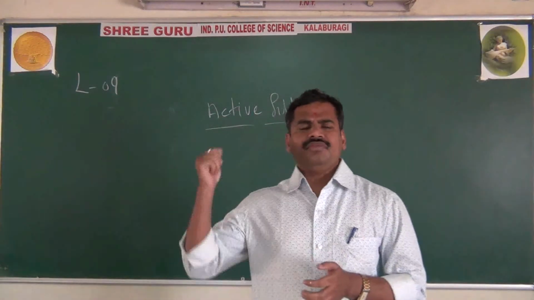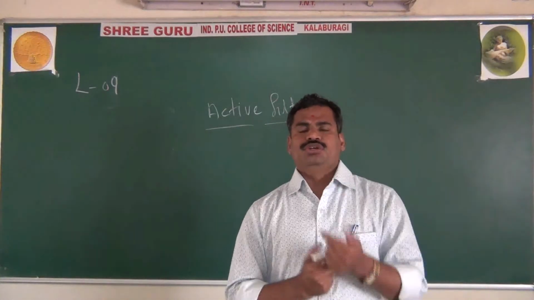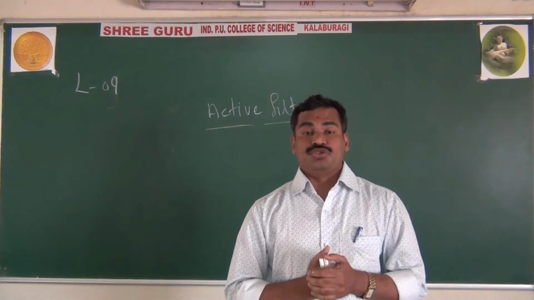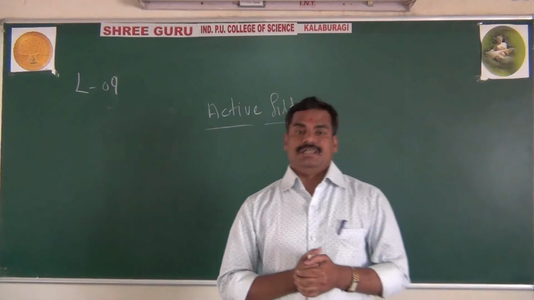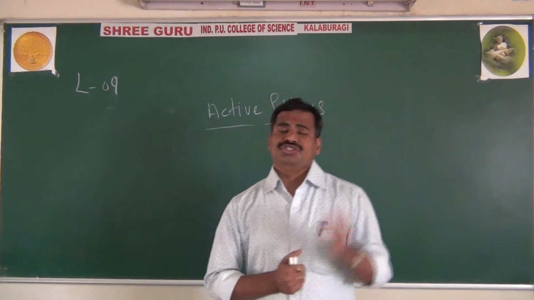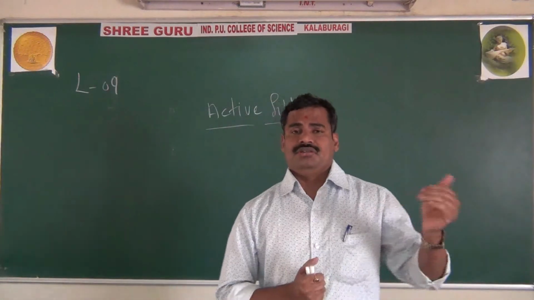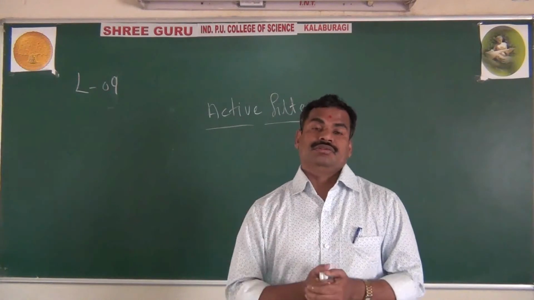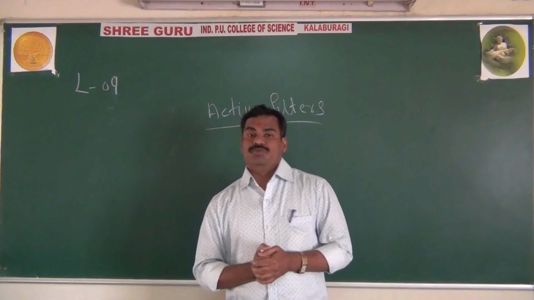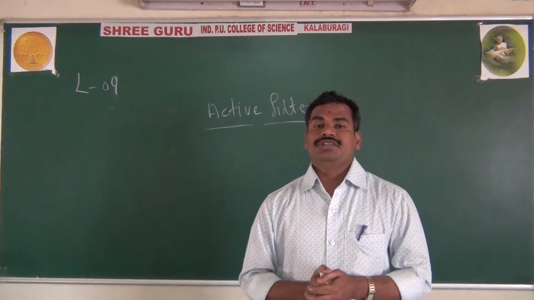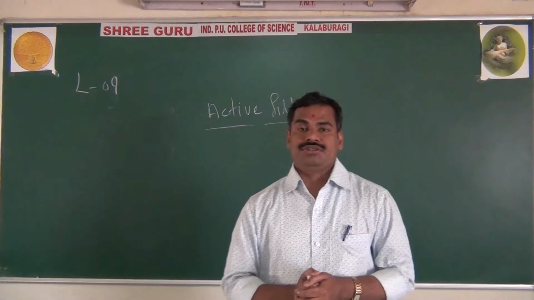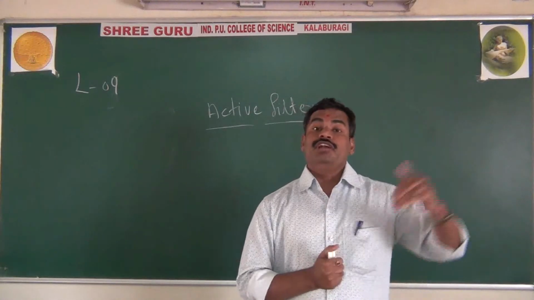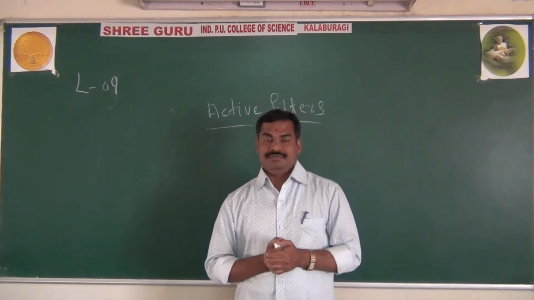In the same way, we human beings use our nose, which acts as a filter. And this is the general meaning of a filter. But in electronics, what is a filter? The filter is a circuit or device that filters signals.